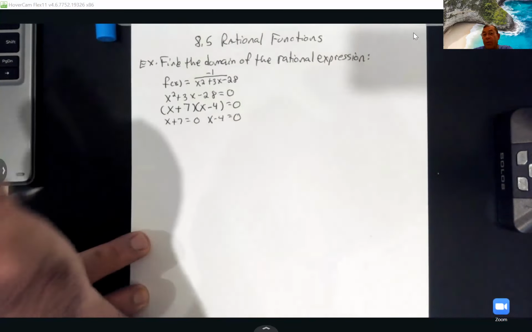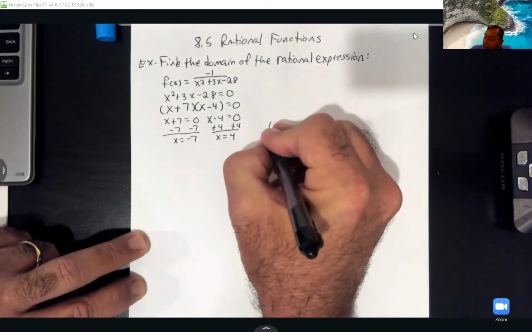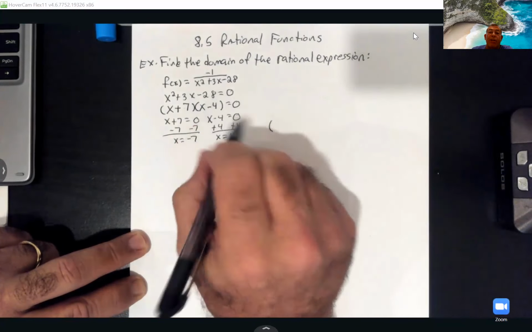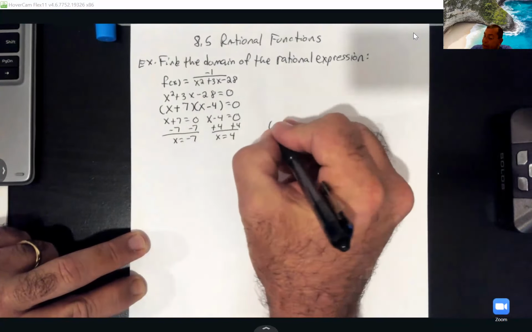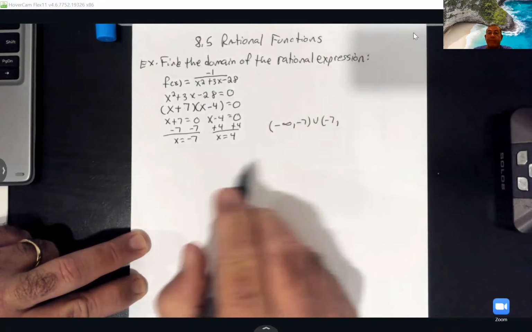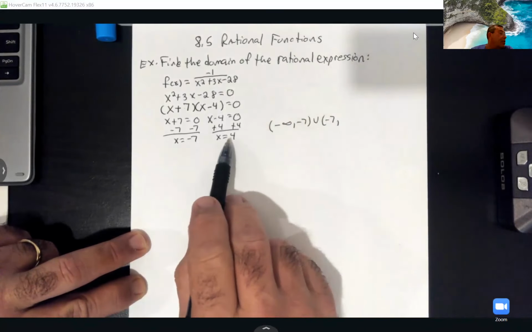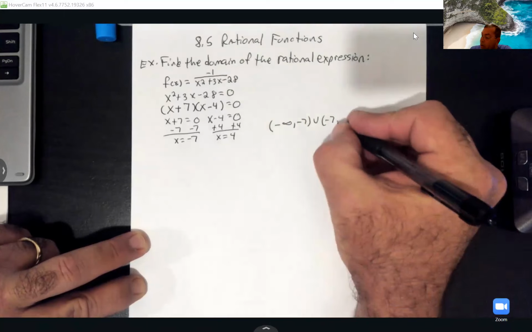So they wanted this written in interval notation. Remember, on a rational expression, we always start at -infinity until we hit the first number we're excluding, which is -7. So I'm going to union around that -7 until we come to the next number we're excluding, which is the 4.